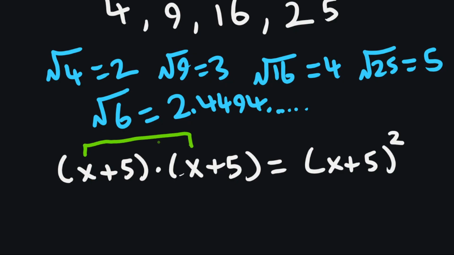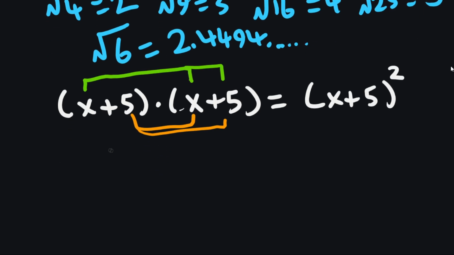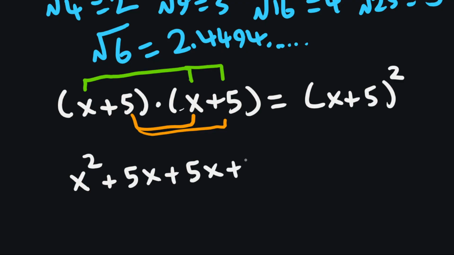Let's do x times positive 5, and then 5 times x, 5 times positive 5. And let's scroll down. So what's x times x? That is x squared. x times 5 is positive 5x. 5 times x is positive 5x. 5 times 5 is positive 25.